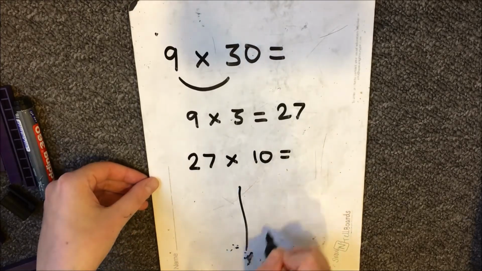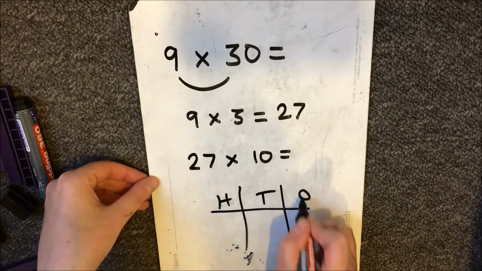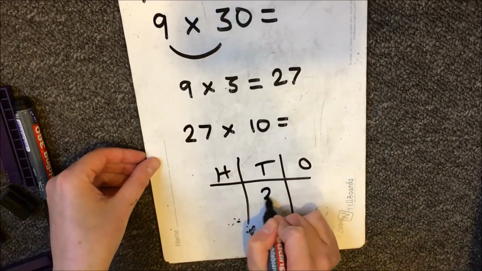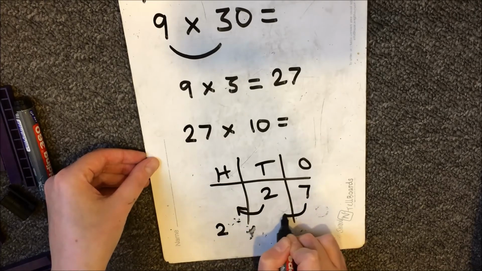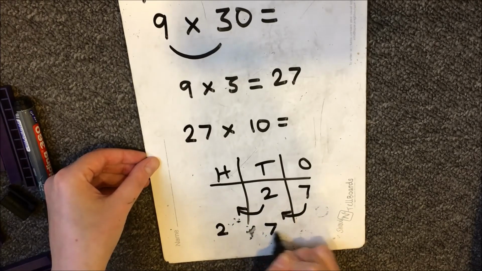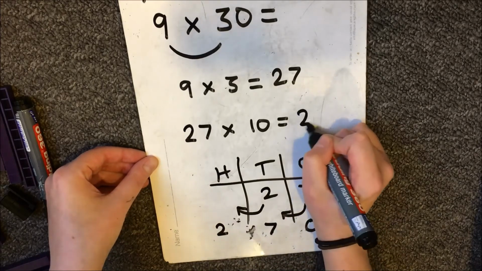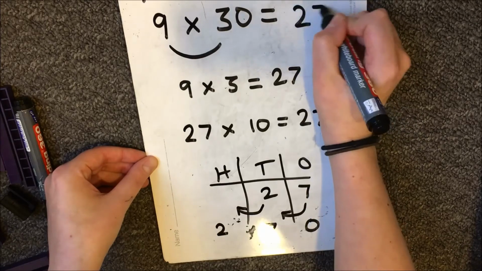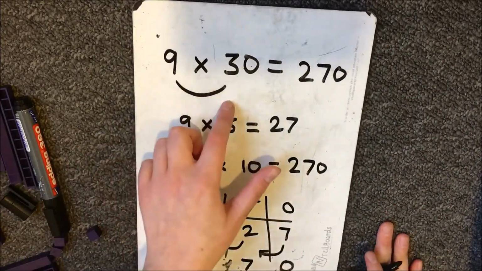What's my answer going to be? Ready? 27, 2 tens become 2 hundreds, 7 ones become 7 tens, and I've got no ones, 270.